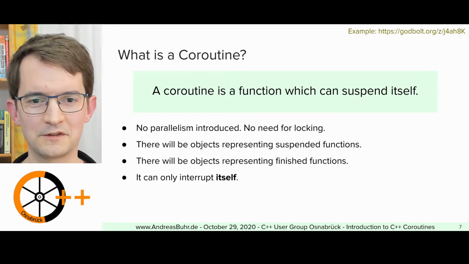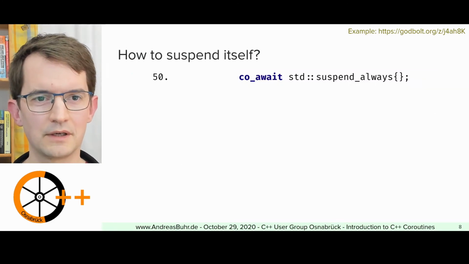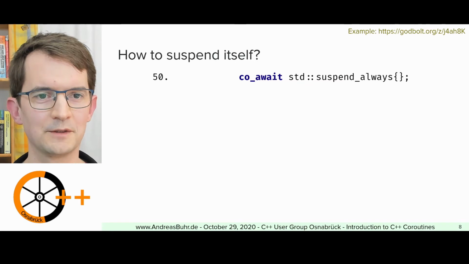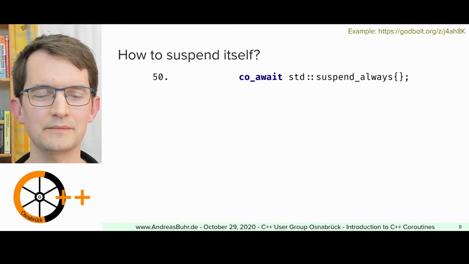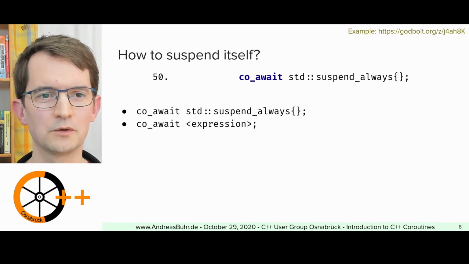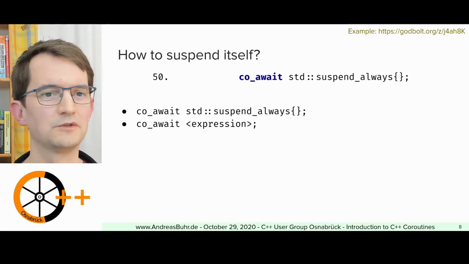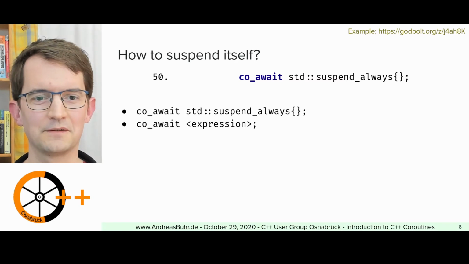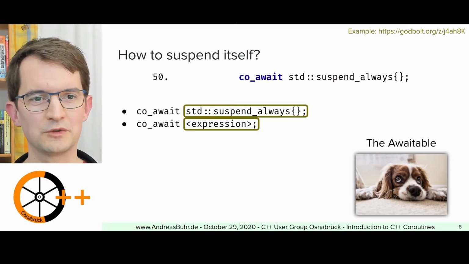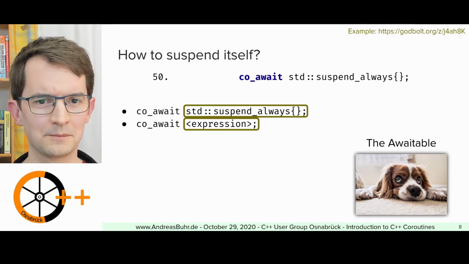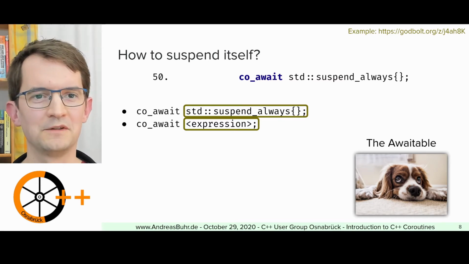These suspension points look like our line 50 in the example. Co-await std suspend always. In general, it is co-await and then some expression. Std suspend always is in the standard library an awaitable which always suspends, as the name suggests. And this expression after co-await is the awaitable that we will be discussing later.